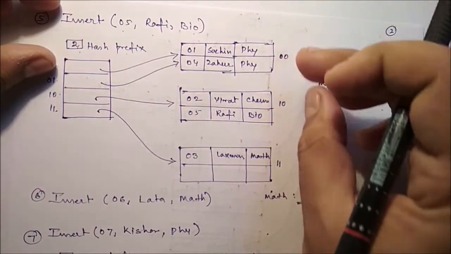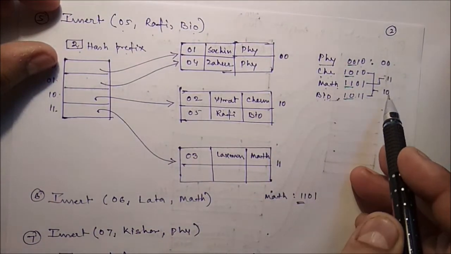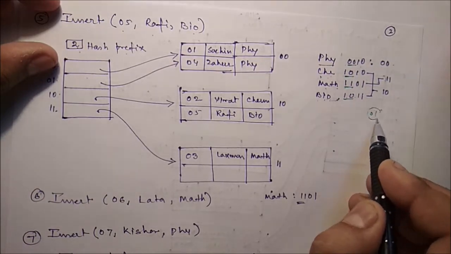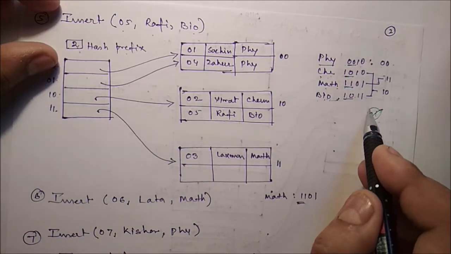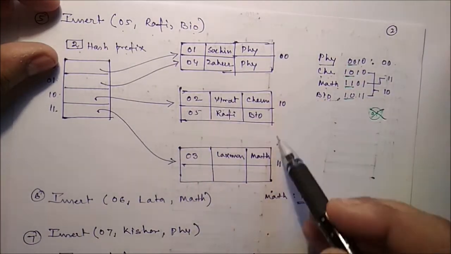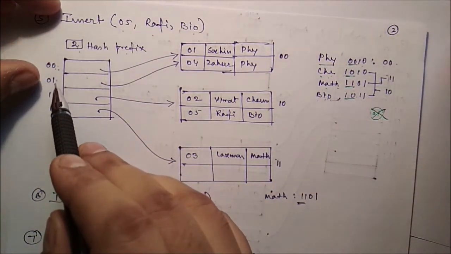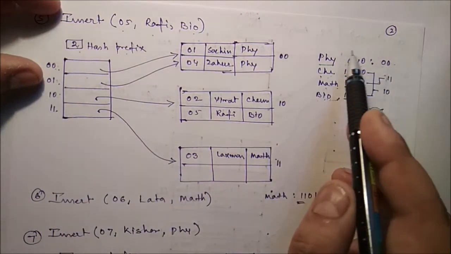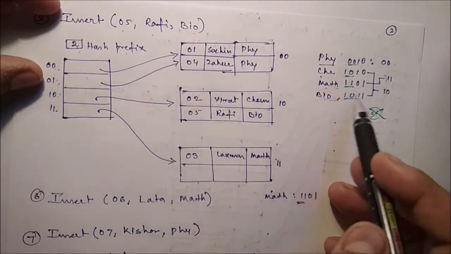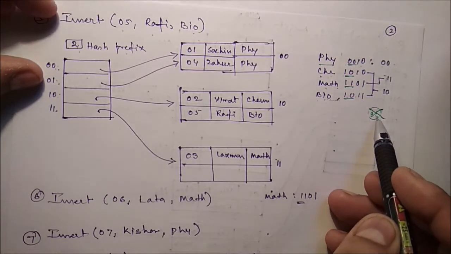For 00, 01, 10 and 11, we can see that 00, 10 and 11 are there, but the 01 combination is not there. For 01 we could create another bucket, but in the present data there is no subject where the initial two bits are 0 and 1.